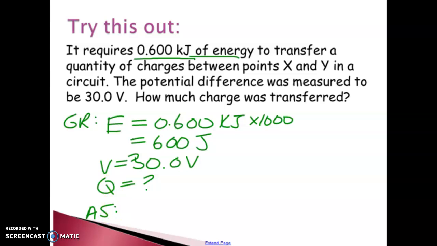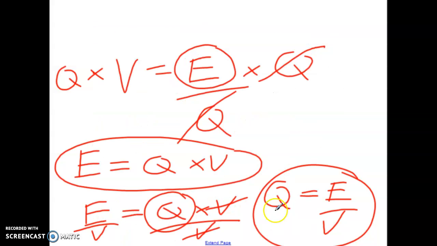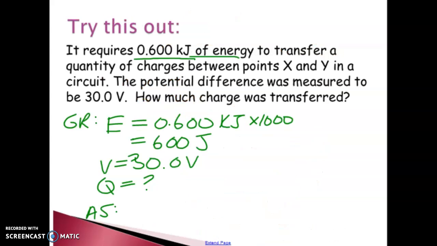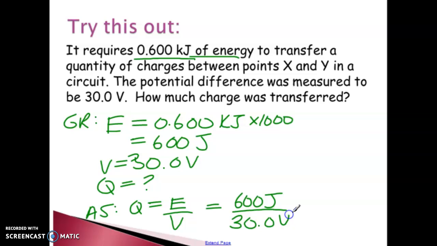So we have to rearrange. Q is equal to E over V. We have those values in the correct units, so we're just going to plug that in. We have 600 divided by 30, which gives us 20 coulombs. Now we actually need more significant digits than what the number 20 is giving us. 0.600 is 3, and so is 30.0.